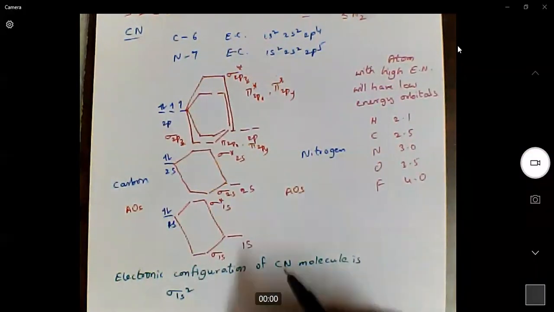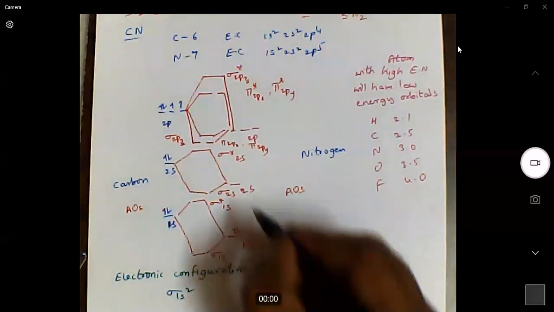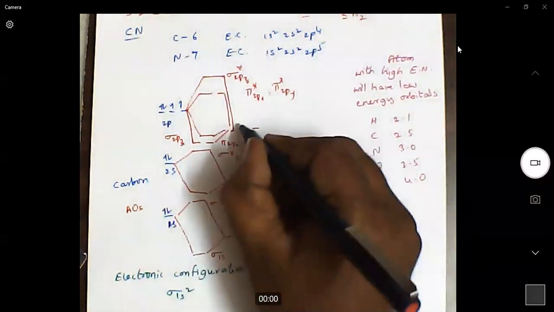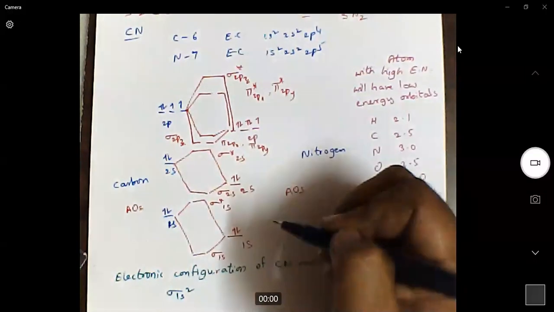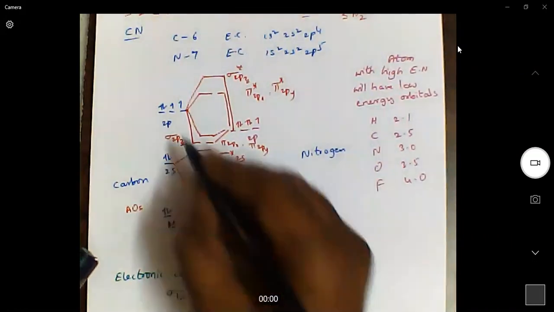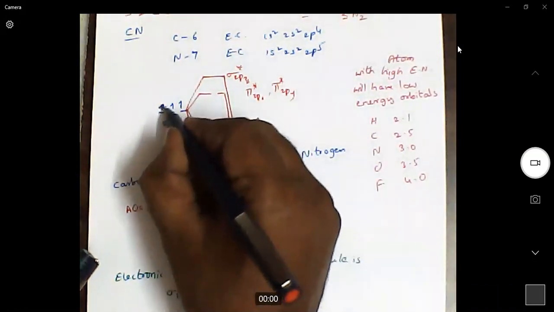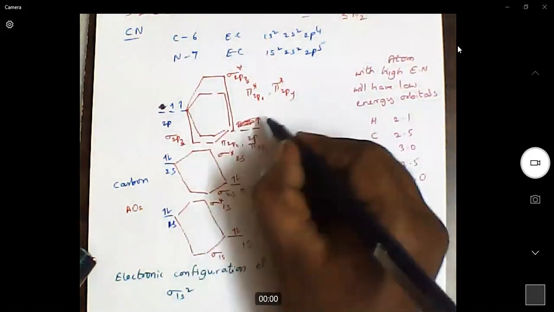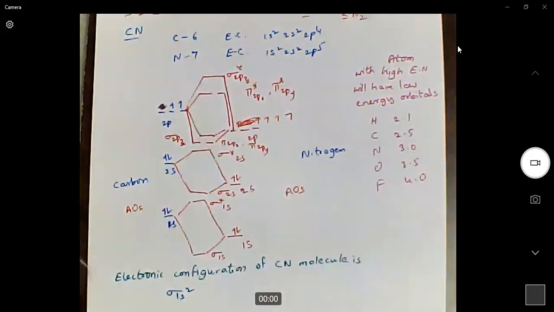Similarly, in nitrogen, we have 2 electrons in 1s, 2 electrons in 2s, 3 electrons in 2p. Sorry, there is some mistake, right? There are only 2 electrons here and there are only 3 electrons here.